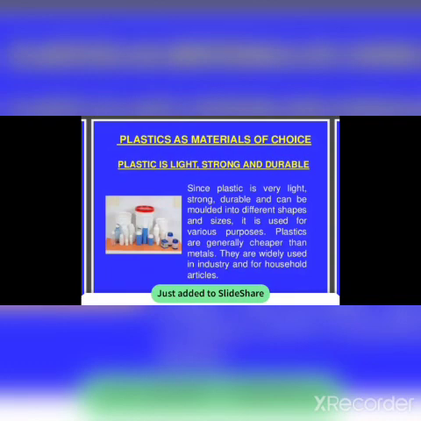Plastic is very light, strong and durable. So it is molded into different shapes and sizes, and it has a variety of uses. Plastics are also cheaper when compared to the metals. Hence, they are used in industry and for household articles.